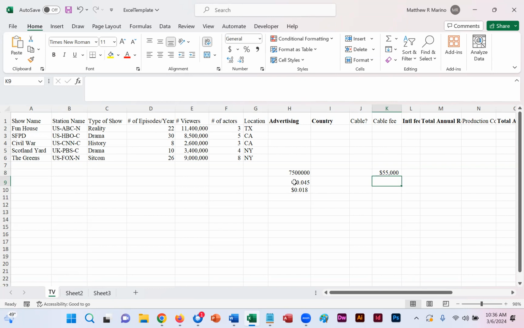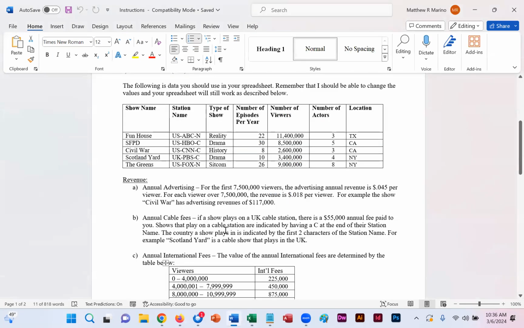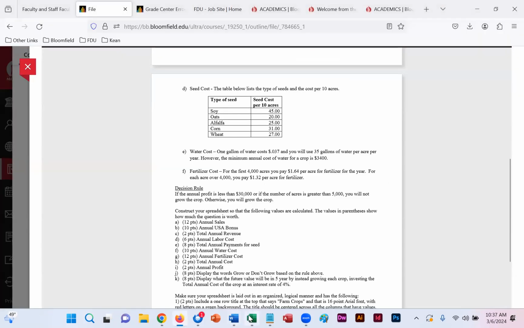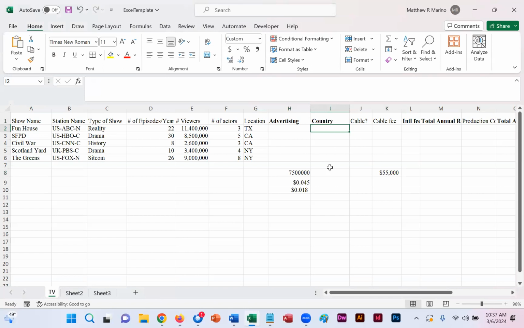And I made it easier for you. So the instructions for annual cable fee, if a country plays on a UK cable station, here in the country column, you would use simply the left function to get whatever country it is.